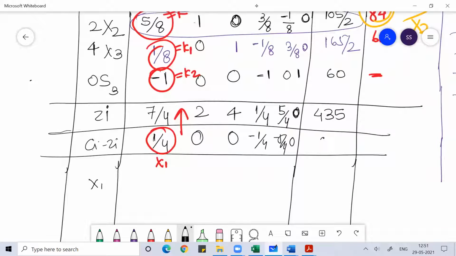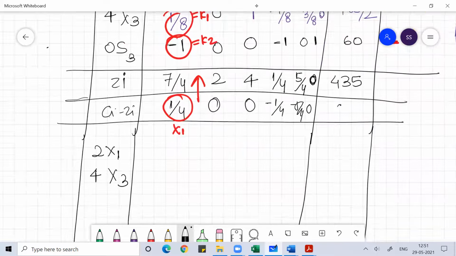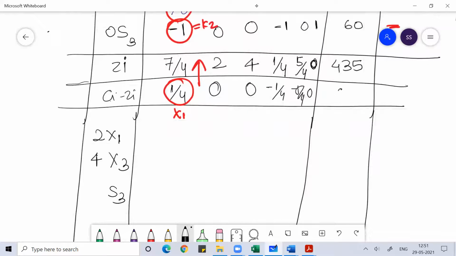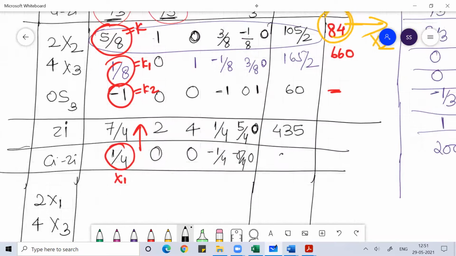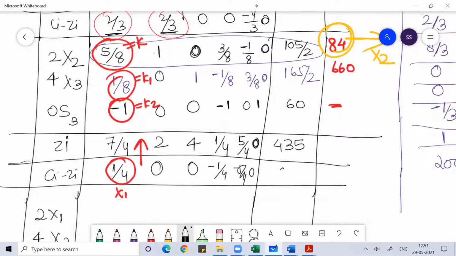So I'll write here x1, then x3. What is the coefficient of x1? That is 2. x3 coefficient is 4. Correct, right? And s3 is 0 only. The corresponding theta value or pivot element is 5 by 8.